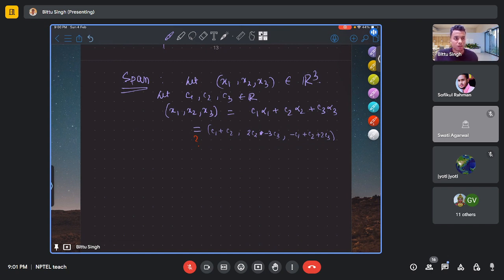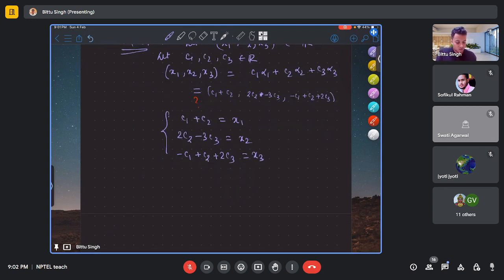Does there exist C1, C2, C3 such that you can write anything as this combination? That is the same as saying C1 plus C2 equals x1, 2C2 minus 3C3 equals x2, and minus C1 plus C2 plus 2C3 equals x3. Does this have a solution?